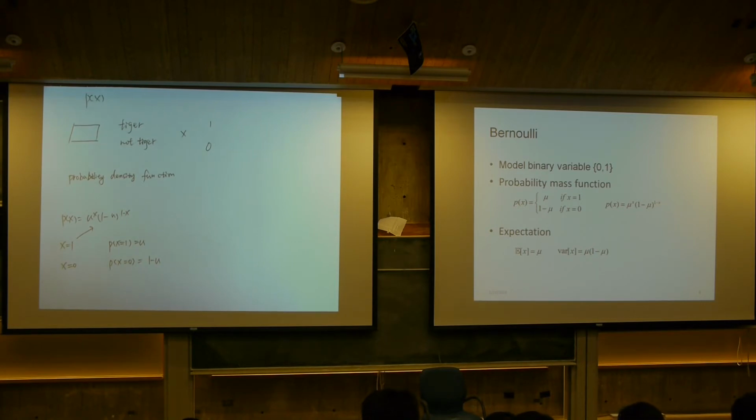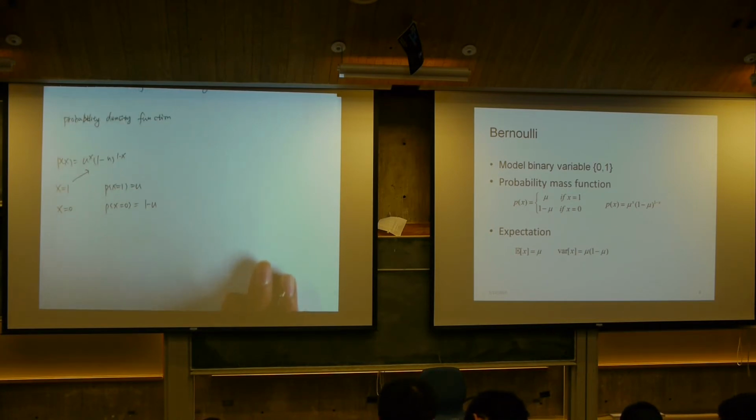The expectation of a Bernoulli variable is mu, and its variance is mu multiplied by 1 minus mu. We can use this to verify it.